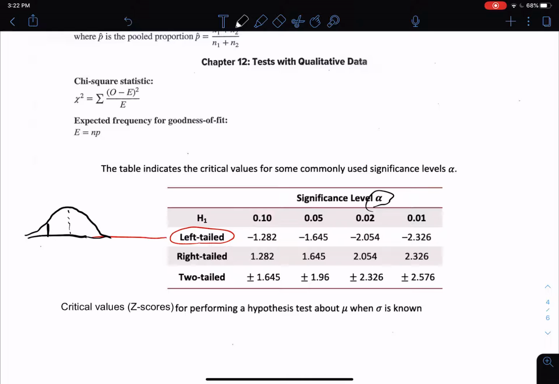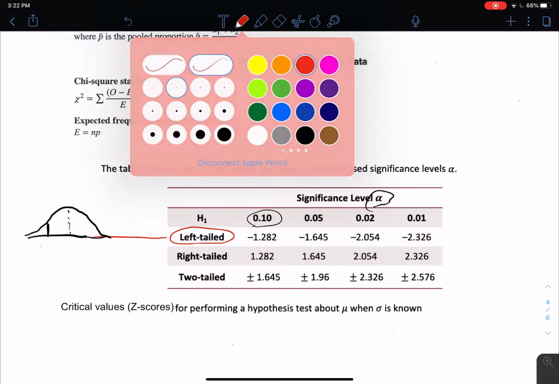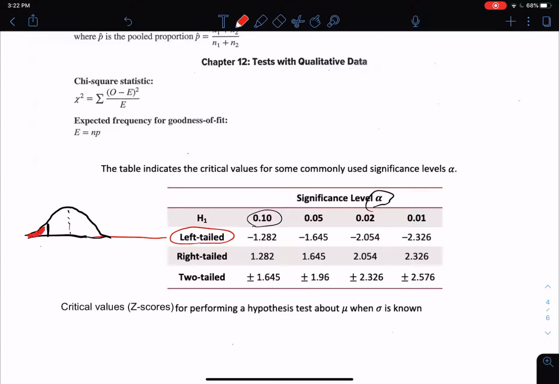And they're basically saying that when you have an alpha, let's just say 0.10, which would be 10%, when your significance level is 0.10, we're saying that that area is 0.10, that's your alpha.